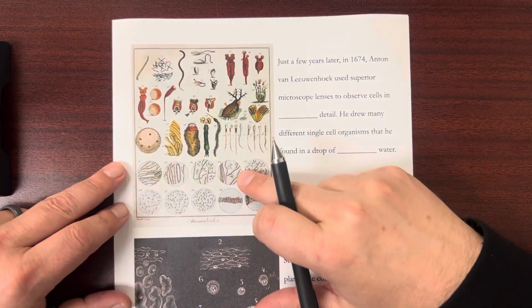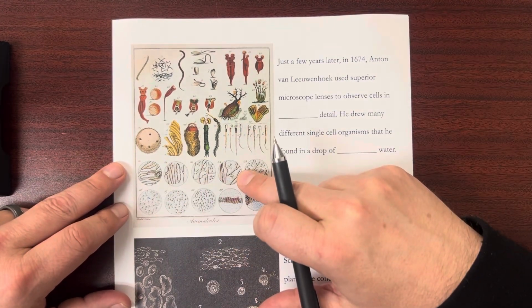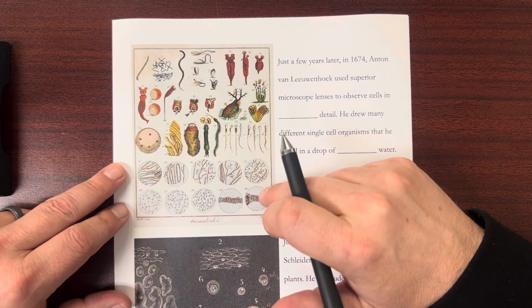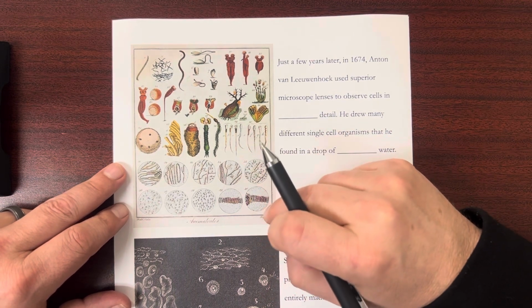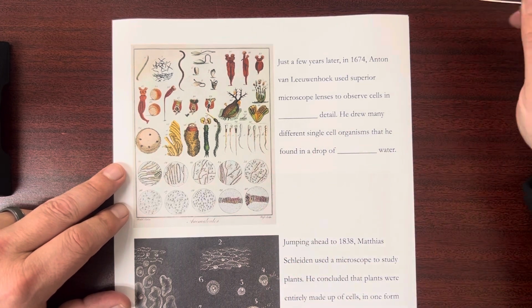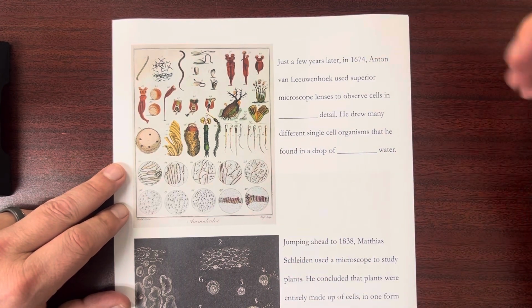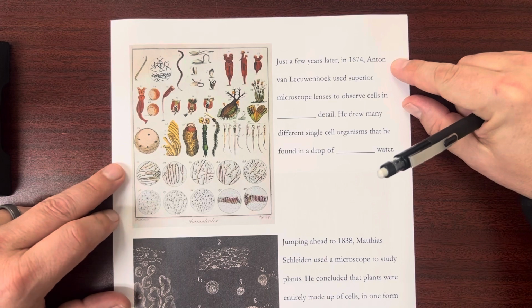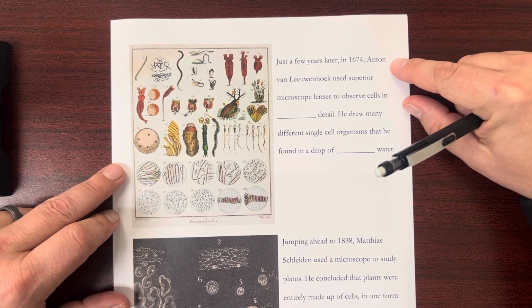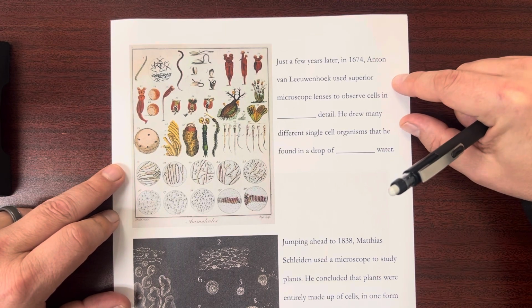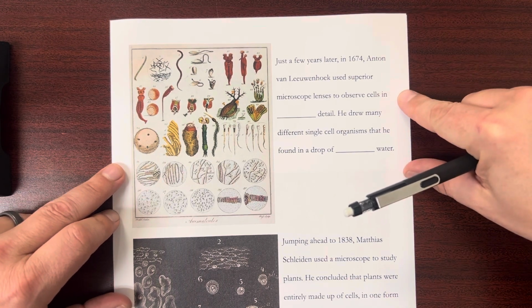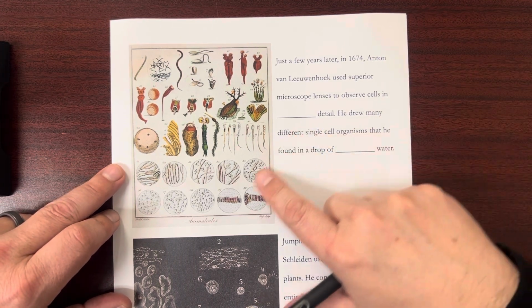We have some more drawings here. In this case, it's not just plant cells, but we're getting into a lot of different types of single-celled organisms and a lot of creatures here, actually. Just a few years later, in 1674, Anton van Leeuwenhoek used superior microscope lenses to observe cells in greater detail.